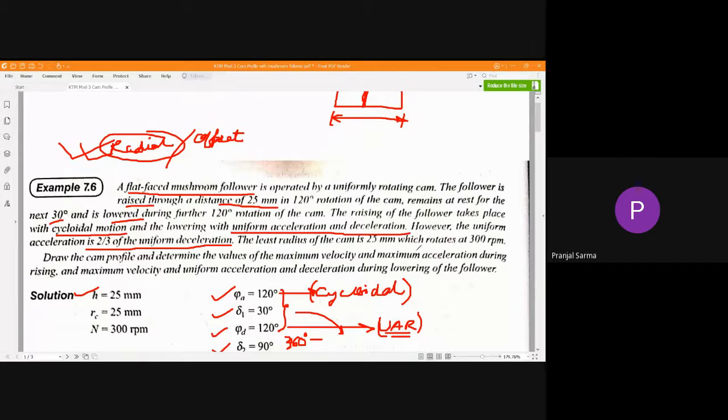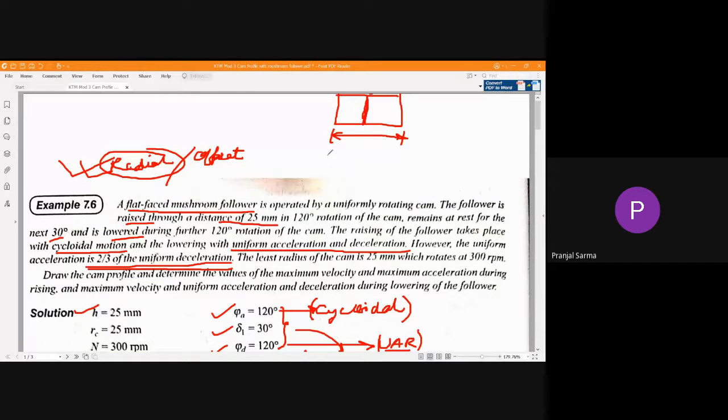Now in this question it is said that the uniform acceleration is two-thirds of the uniform deceleration, so there is a relationship between them. That means throughout that stroke it is not 50% and 50%.